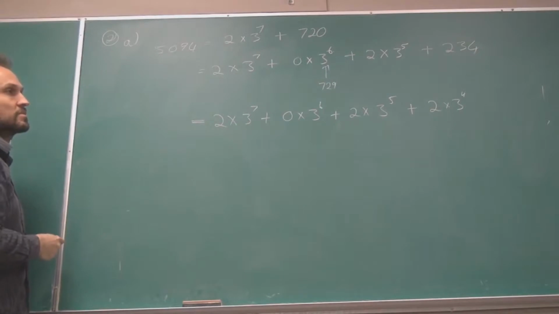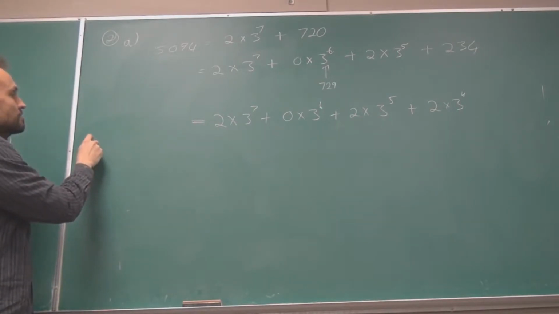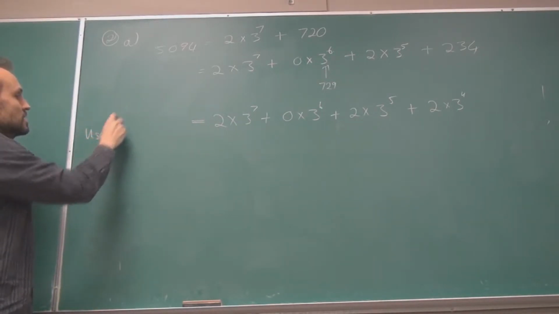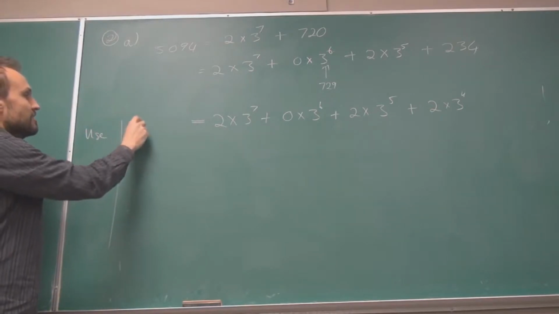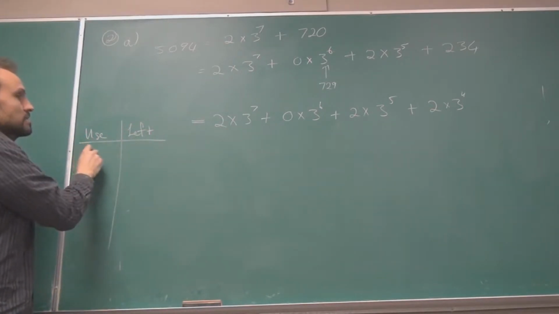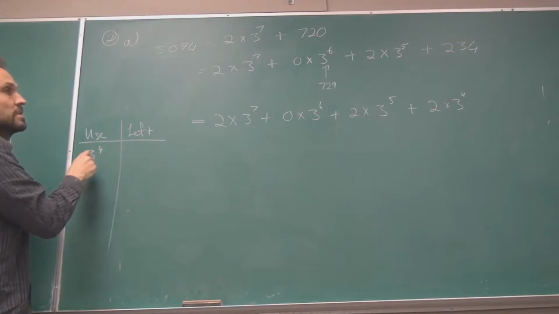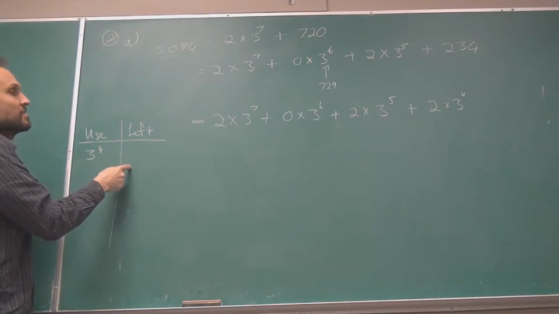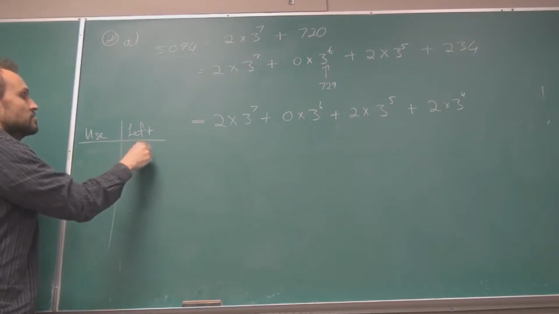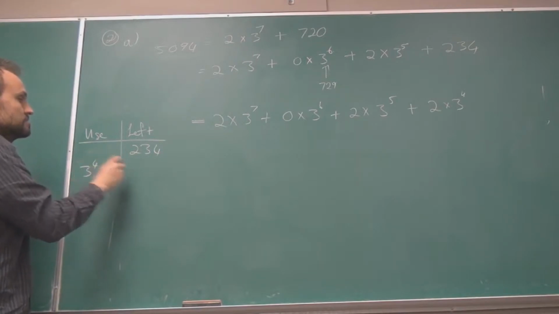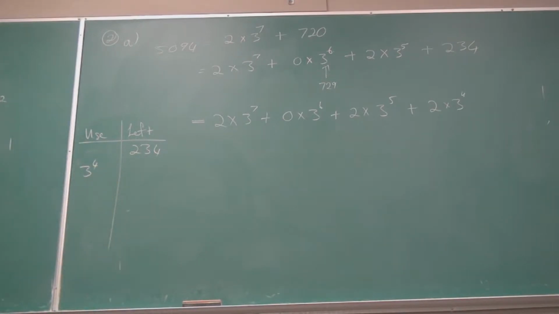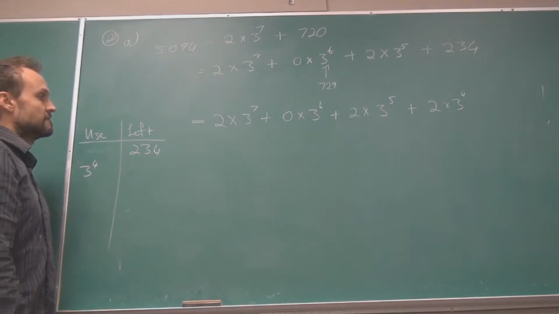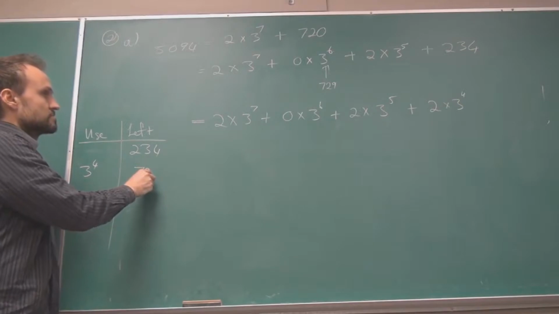It's up to you how much you want to write down. So I use 3 to the 5, and I have left... Use 3 to the 4 at this point. And how much do I have left from 234? 72.